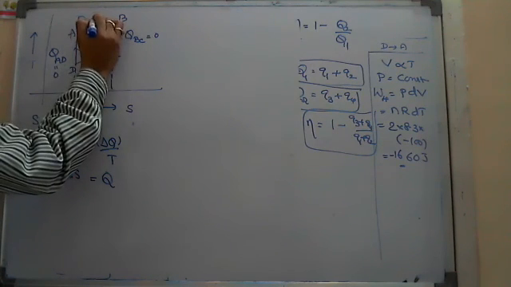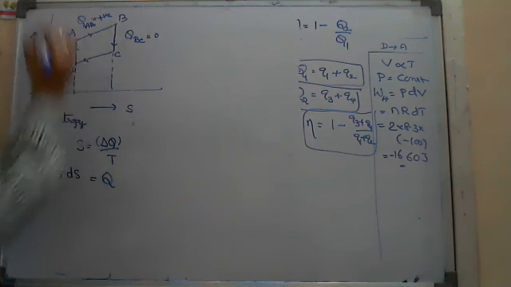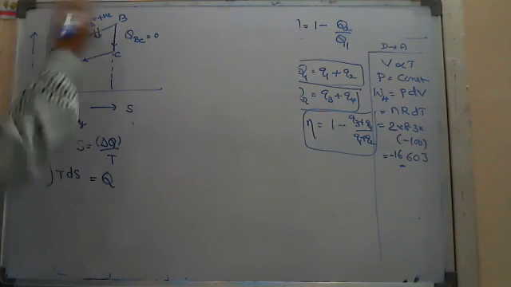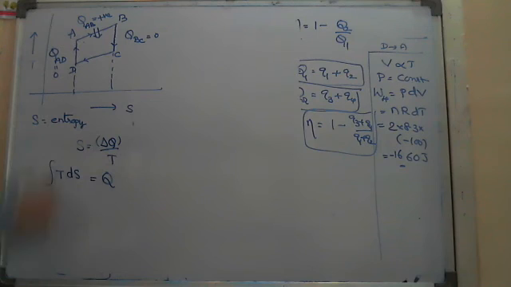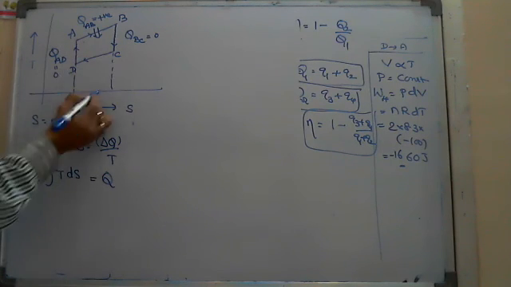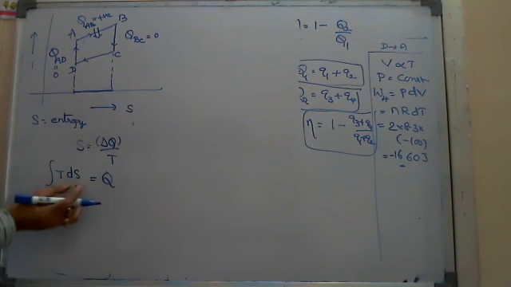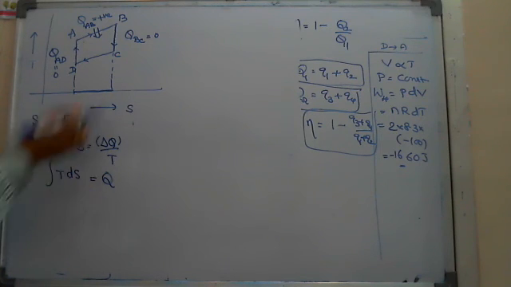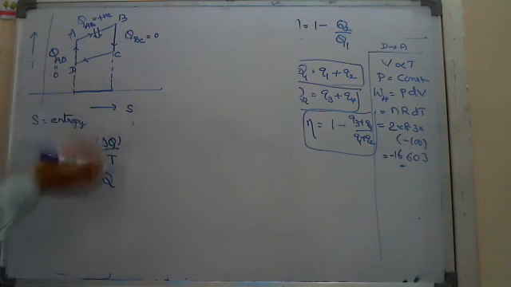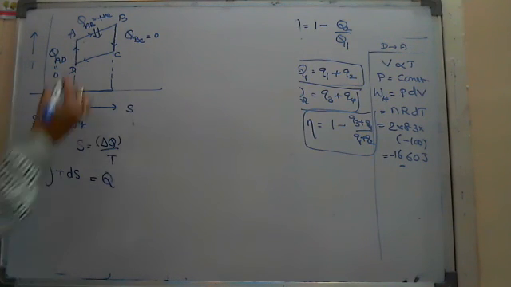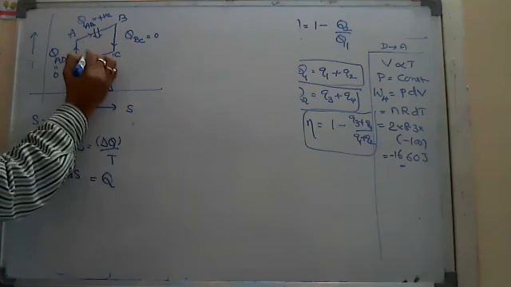So straight away I can say I will get positive Q, which means heat is absorbed by the system. And C to D, the S value is decreasing, so ds is negative. ds is negative means you will get a negative value for heat, which is rejected. Rejected means taken out from the system.